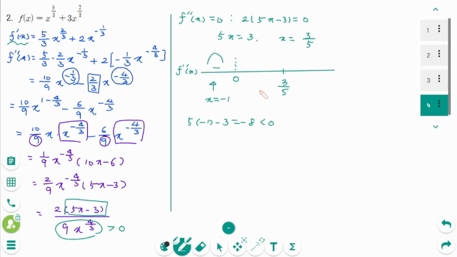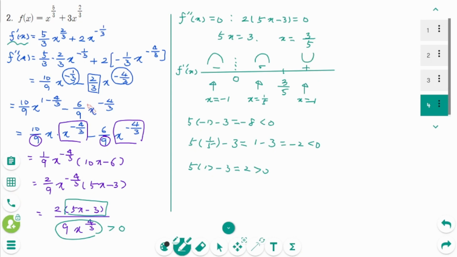Concave down. And the testing number is 1 over 5. 5 times 1 over 5 minus 3 equals 1 minus 3, which is negative. When the testing number equals 1, 5 times 1 minus 3 is 2, which is positive.